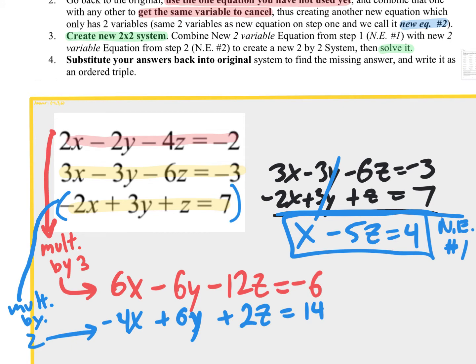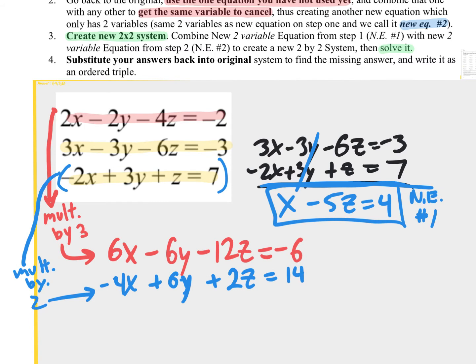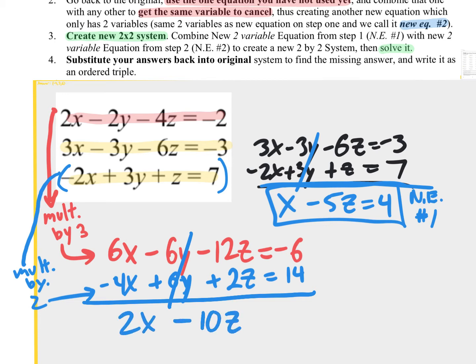And of course now, we could combine those. The y's cancel, same variable cancels. We end up with 2x minus 10z equals 8. And this is our new equation number 2.